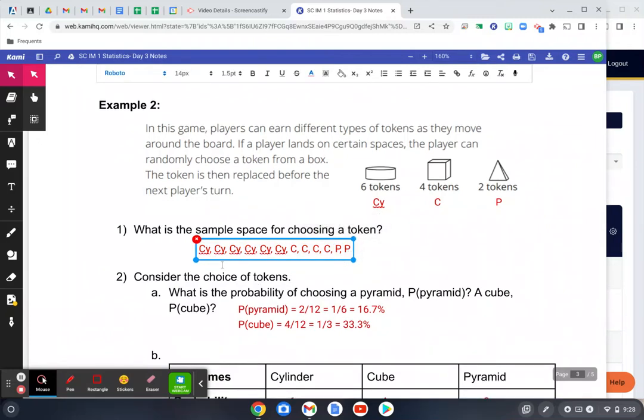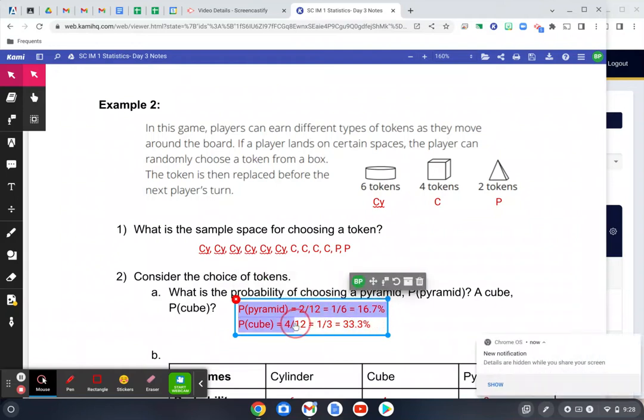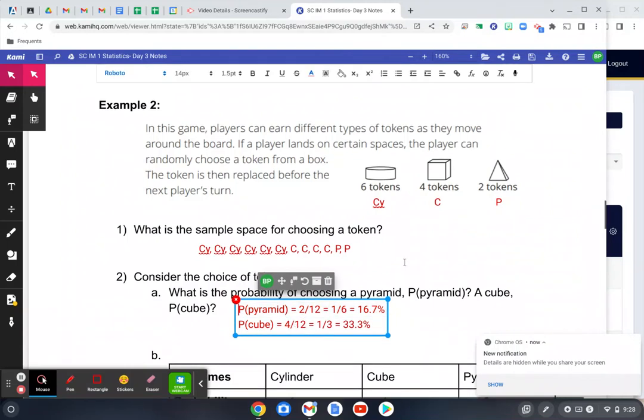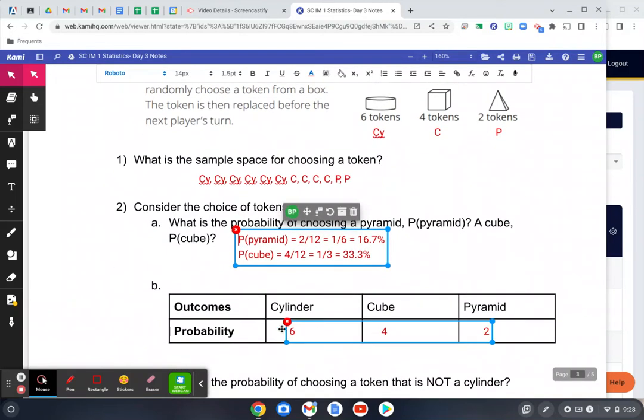So that is one way you could list your sample space. Now the probability of choosing a pyramid out of the 12 total tokens is going to be 2 out of 12, which is 16.7%. And the probability of a cube, well, there's 4 cubes here out of the 12 total tokens. That's going to be 33.3%.